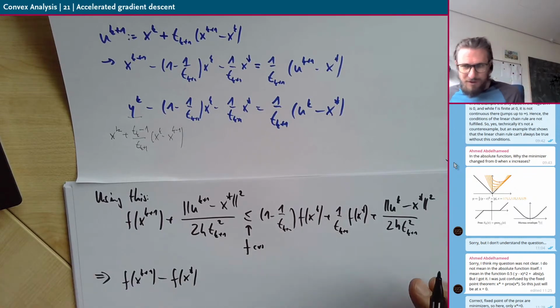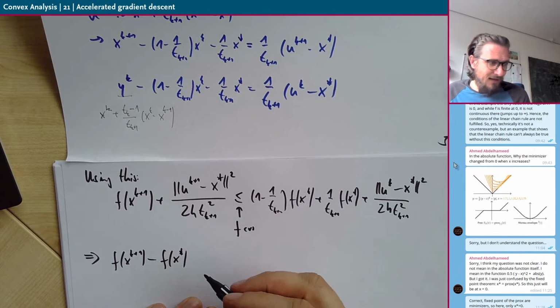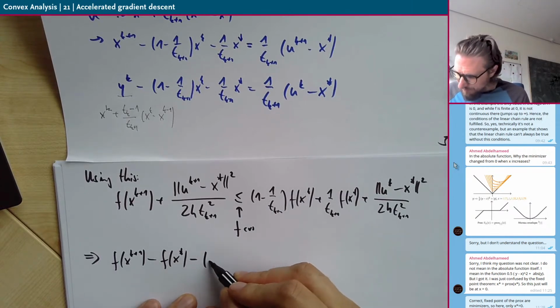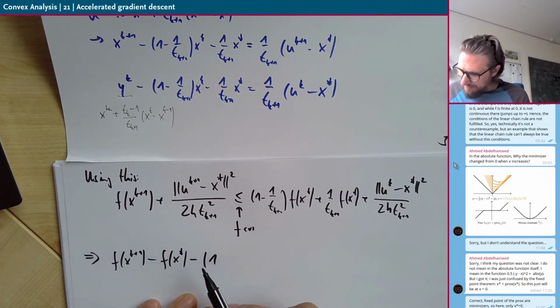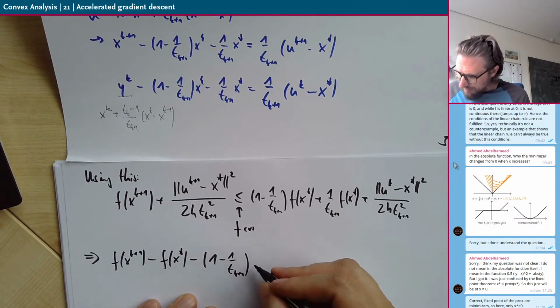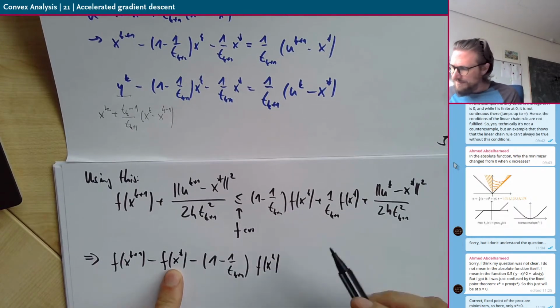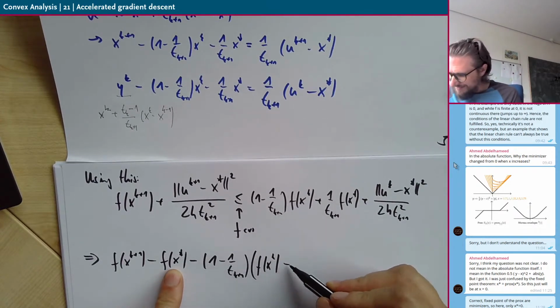This hasn't been there before, I just subtracted it, so I have to add it back again. So we bring this to the left hand side, we get a minus 1 over 1 plus tk plus 1 times f of xk. And since I subtracted here an additional f of x star, and we also have this, we can write it like that.